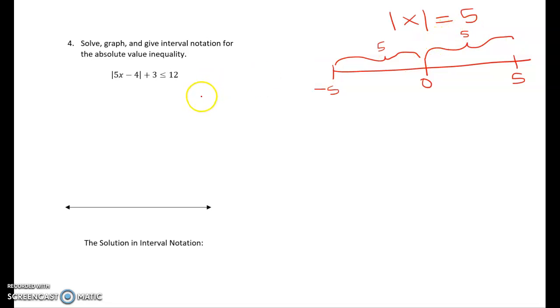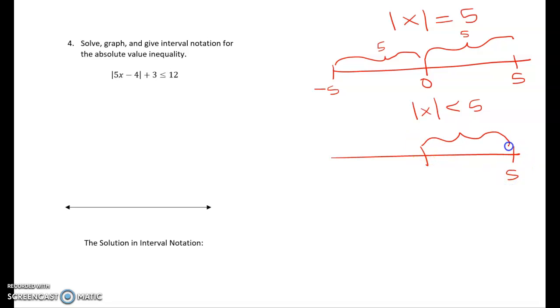So when we're doing an absolute value inequality, if we had absolute value of x is less than 5, we're looking at what numbers are less than 5 spaces from 0. And so, again, that would be anything under 5, wouldn't include 5 this time, so it would just be under.